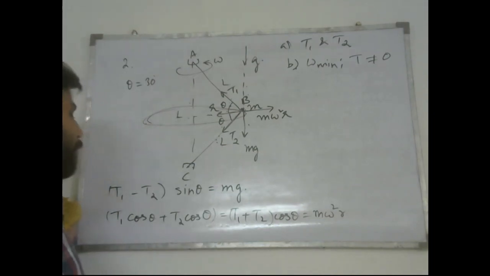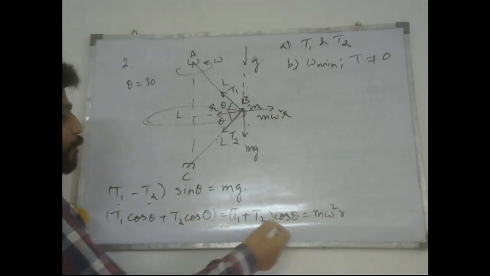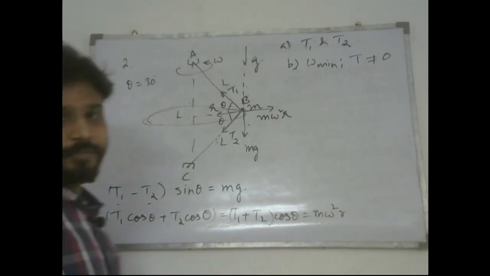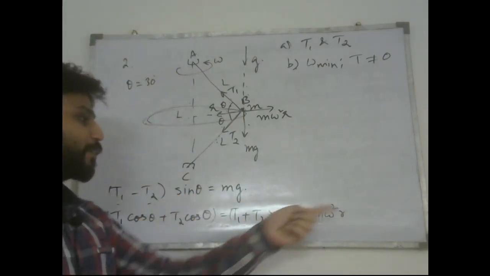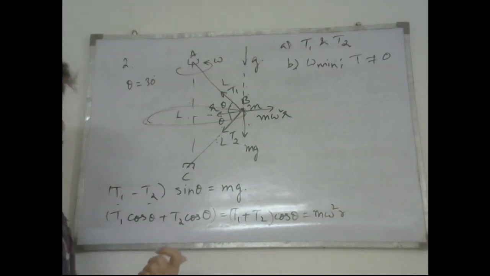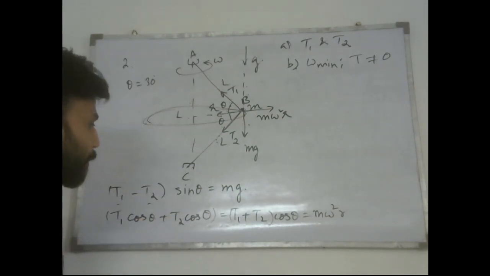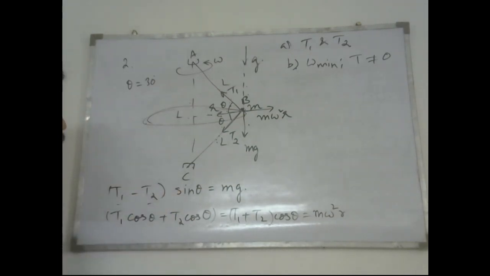So first we want to find the values of T1 and T2, which should be relatively easy. We simply have to take the values of sine theta and cos theta and add these two equations to evaluate. The values of sine theta and cos theta we already know.